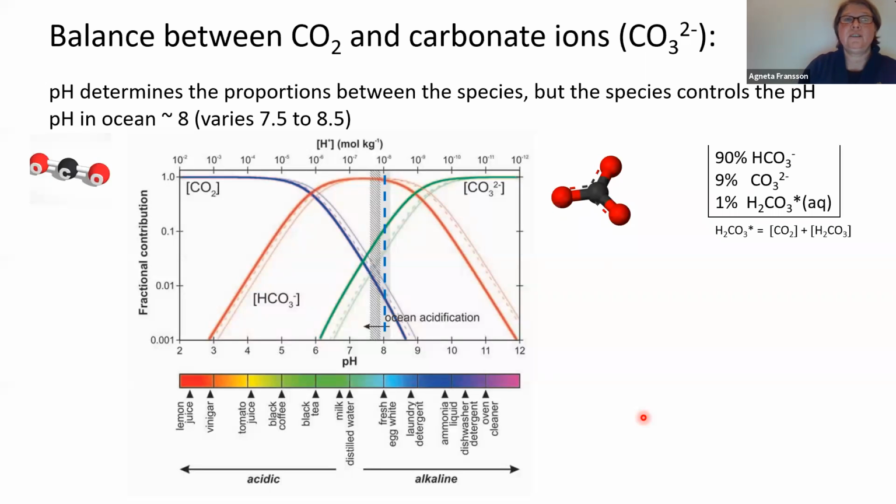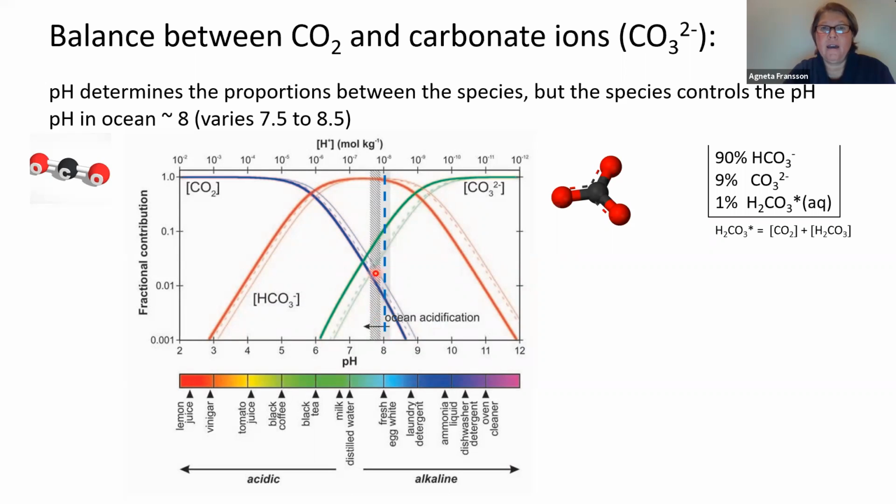As I said, pH in the ocean is about 8, but it can vary between 7.5 and 8.5 depending on different, more short-term processes. But with ocean acidification, pH has also decreased on a longer time scale, which hasn't recovered because it's a slow process.